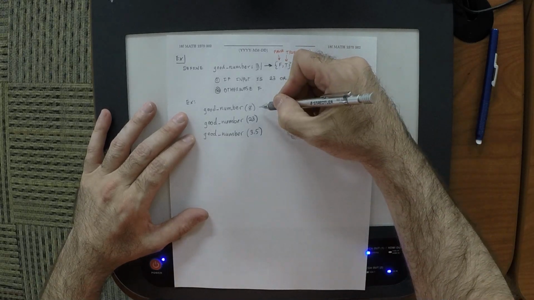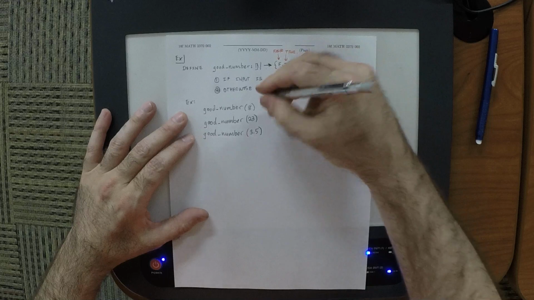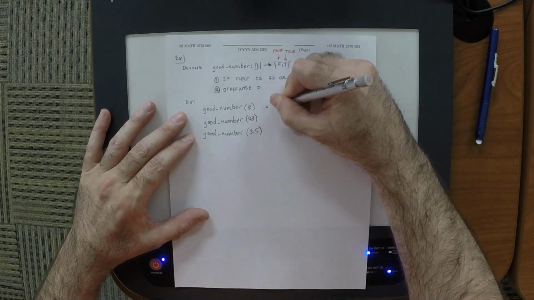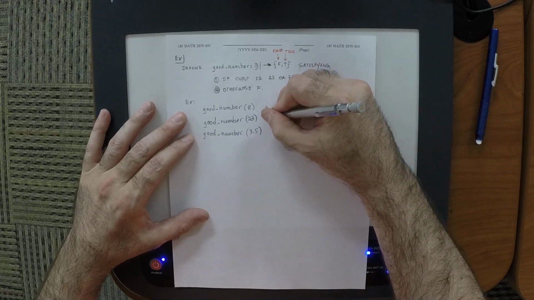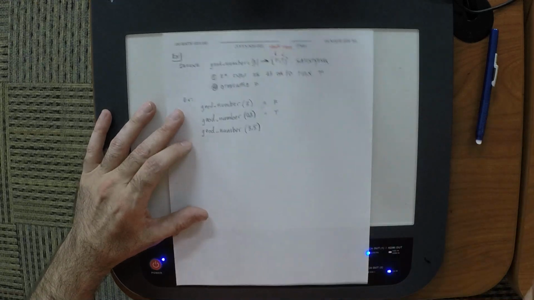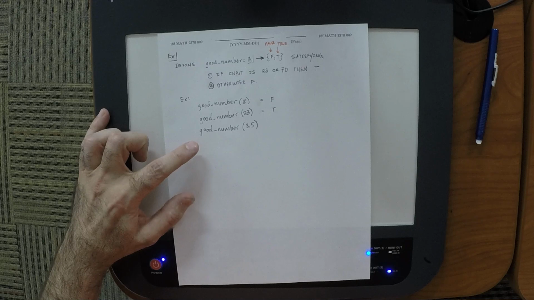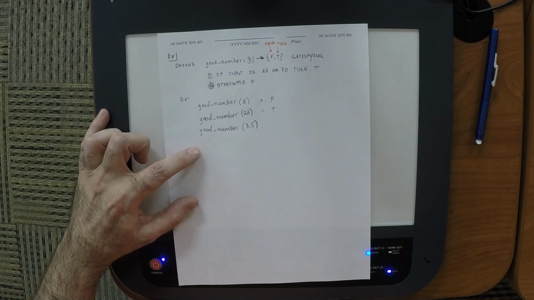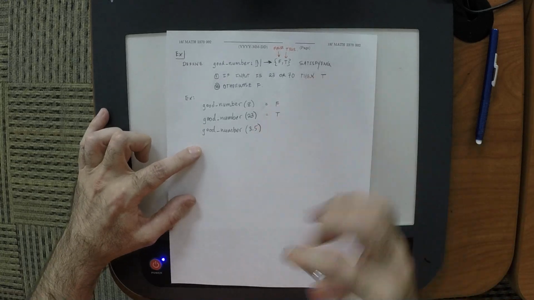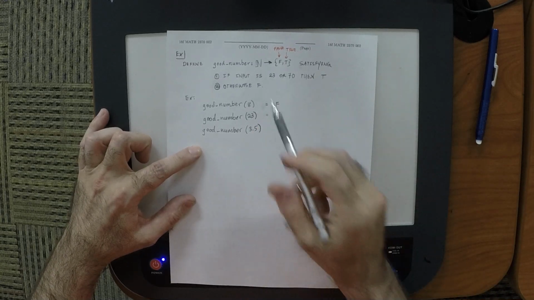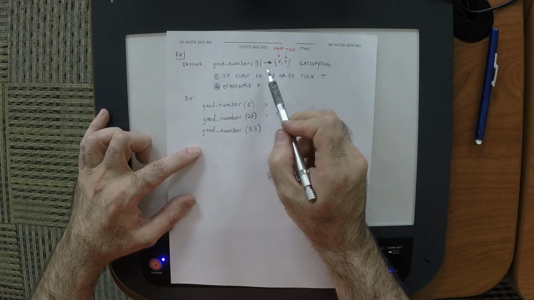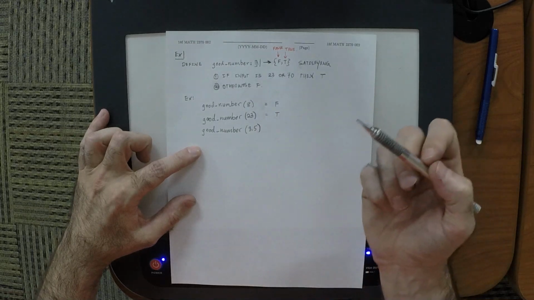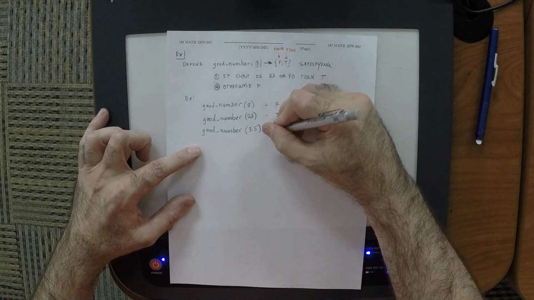How about this one? False. How about this one? True. And what's the correct response to this one? It's not false. This is undefined. It's not in the domain, because the domain says naturals. Is 3.5 natural? It's not. So this is undefined.